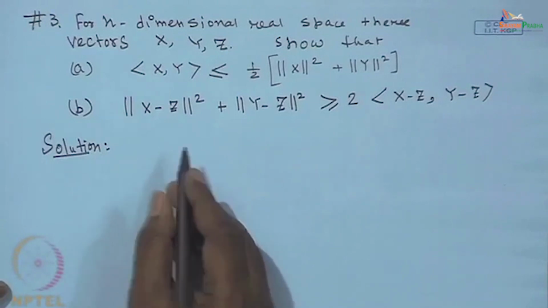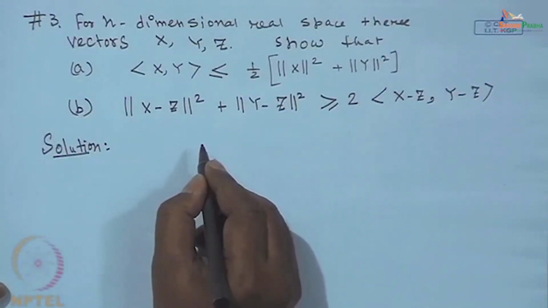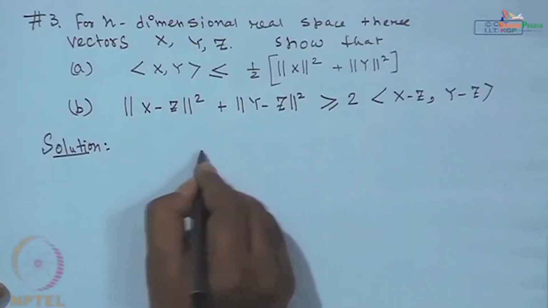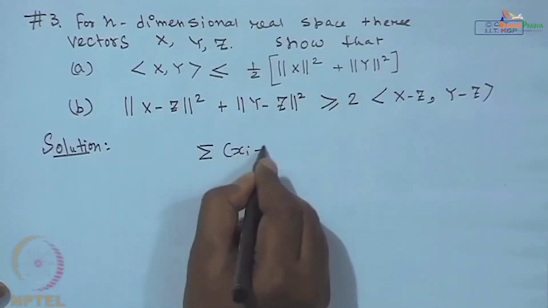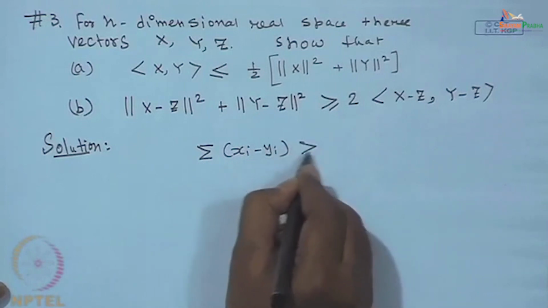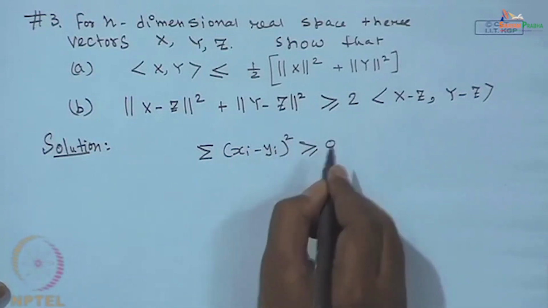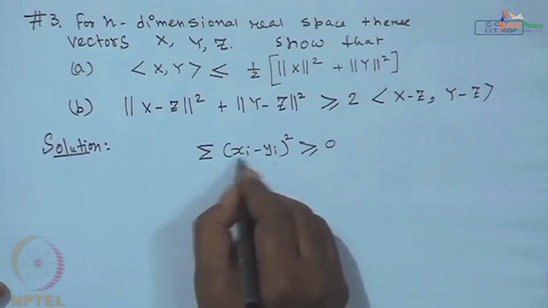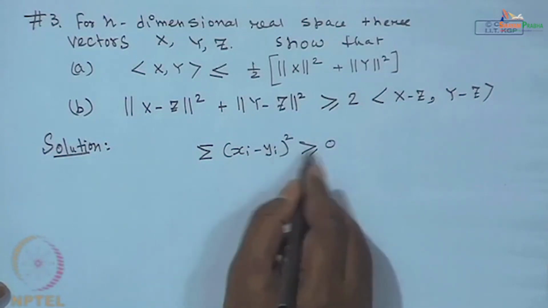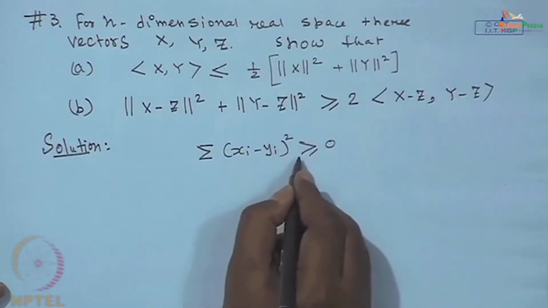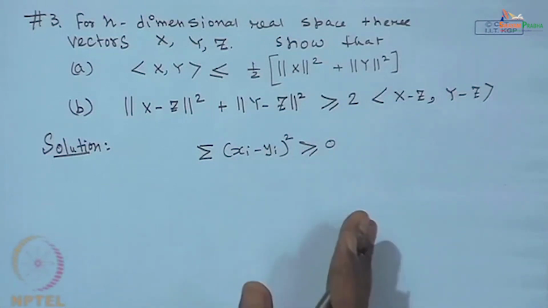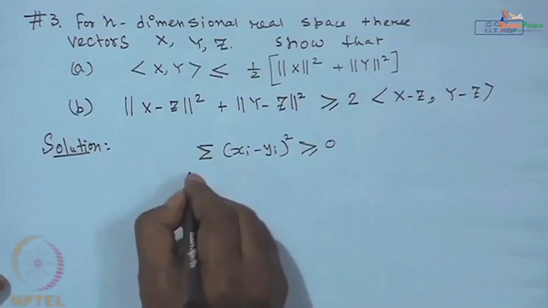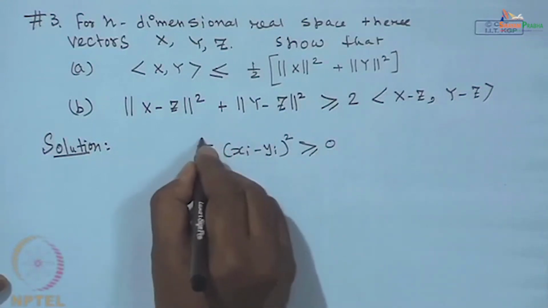We start with the identity that a sum of squares will always be greater than or equal to 0. So, the summation of x_i minus y_i, square of that, will always be greater than or equal to 0. If x and y are identical, then this will be equal to 0, otherwise it will be positive, because a square is always positive, and a sum of squares will always be positive, i equals 1 to n.